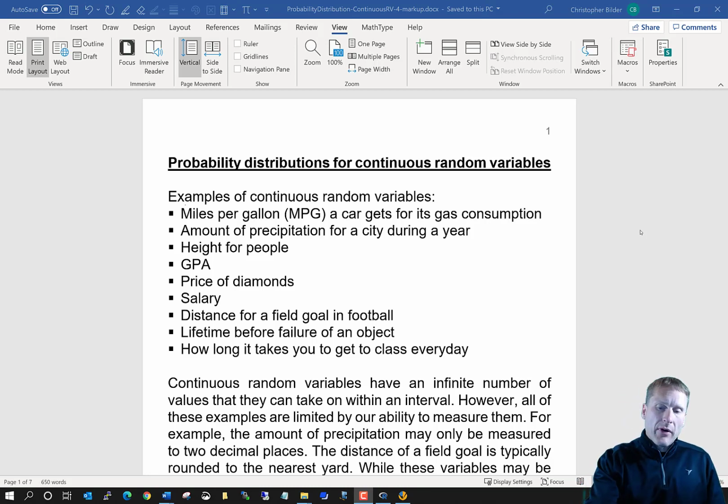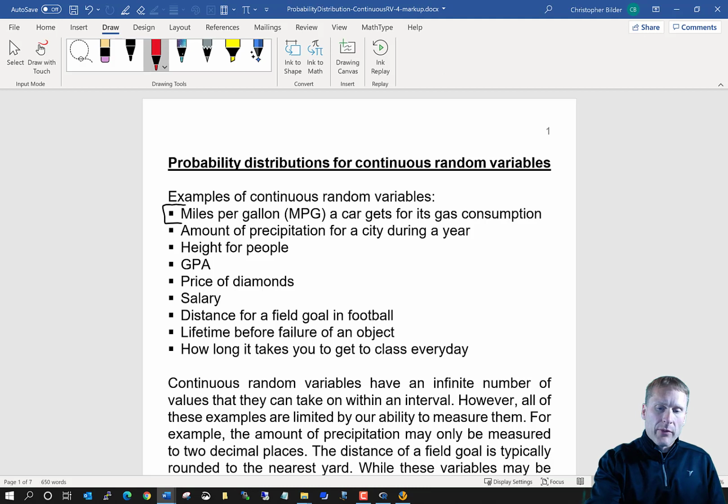So, for example, a continuous random variable would be, let's say, the miles per gallon a car gets for its gas consumption. It could be 32, it could be 32.11, it could be 32.1111, and I think you get the idea. There are an infinite number of possible values.